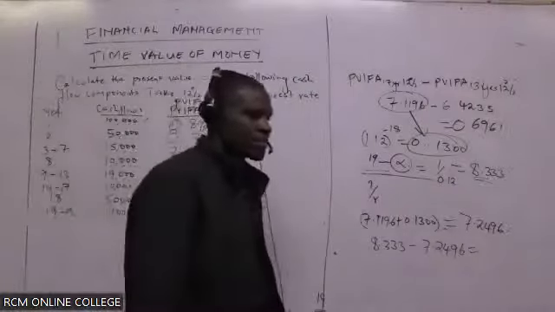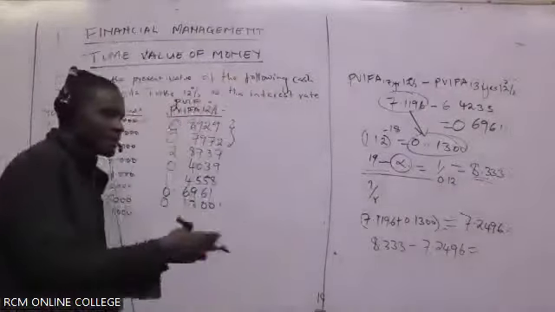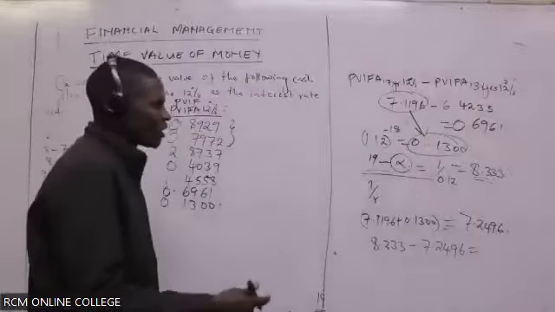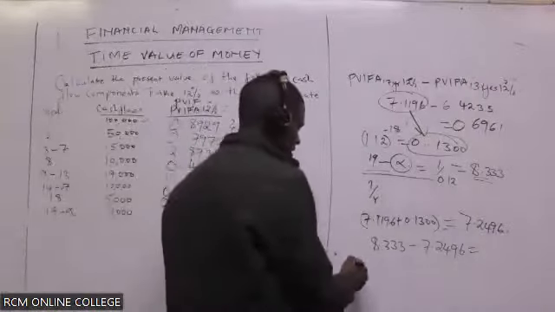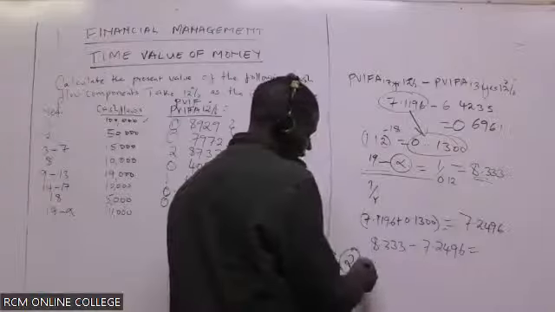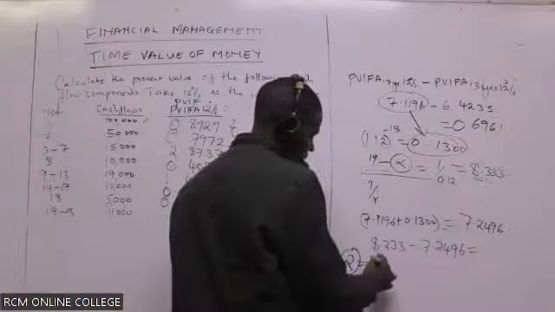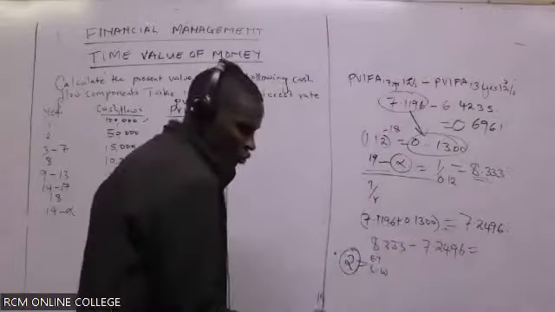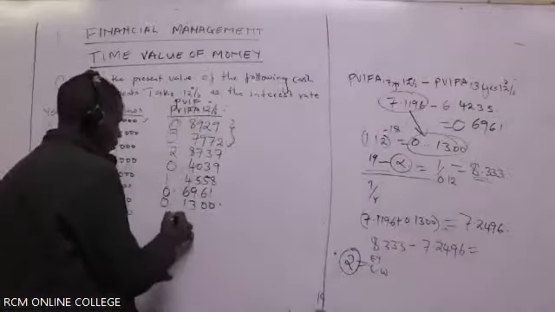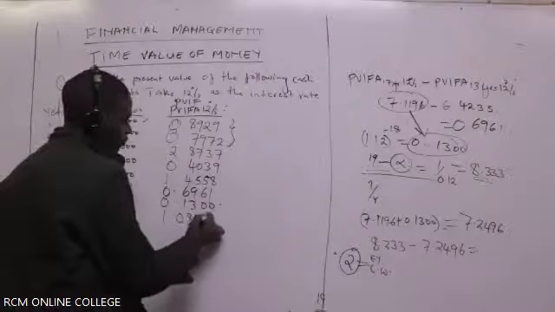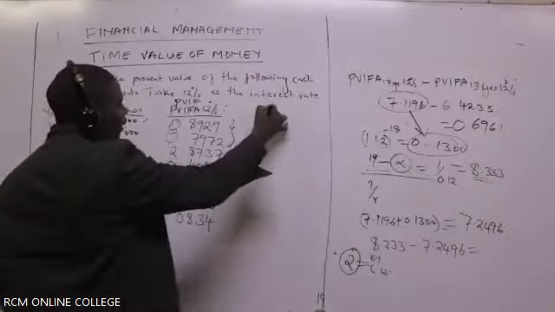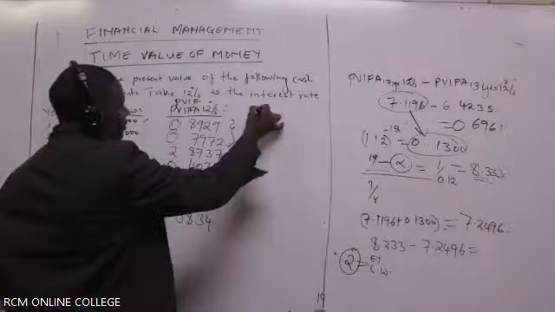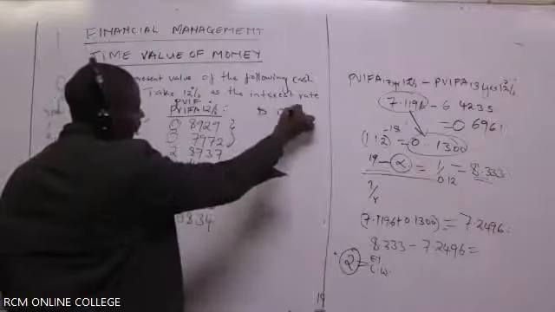As simple as that. And this one I want you to practice. We said you should have two books, one for exercise and another for classwork. 1.0834. Please now, can you go and get us the discounted cash flow?